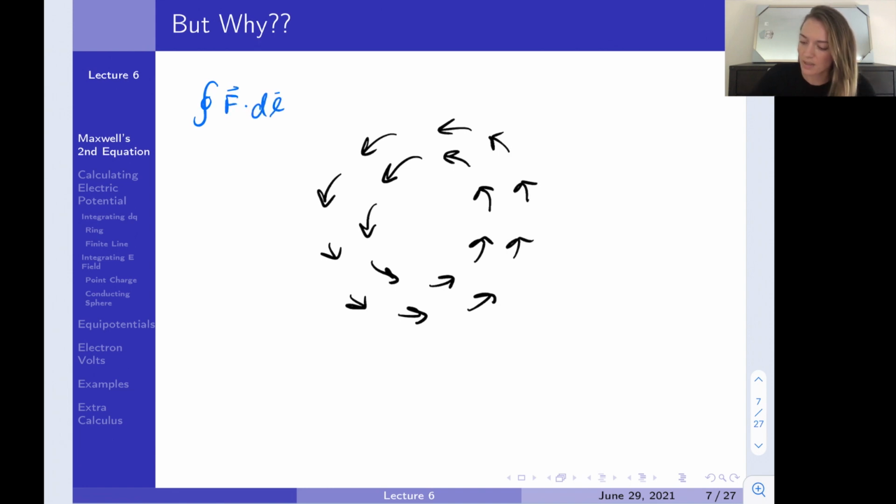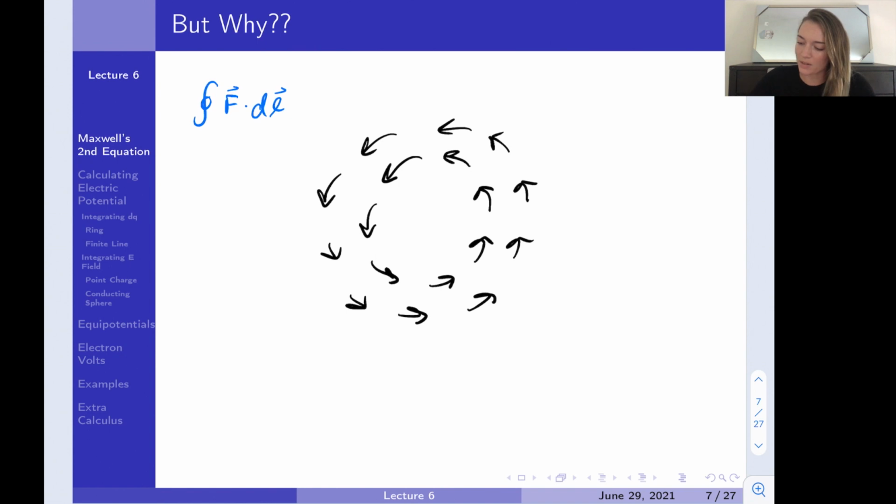We're doing a line integral around a closed loop. So when you do a line integral, you can think of it sort of as if there is a component of that vector field in the direction of your line integral. It will sort of pick up a non-zero contribution there.